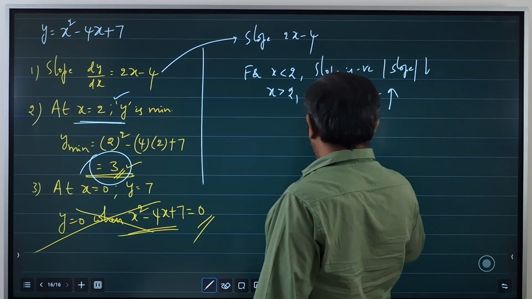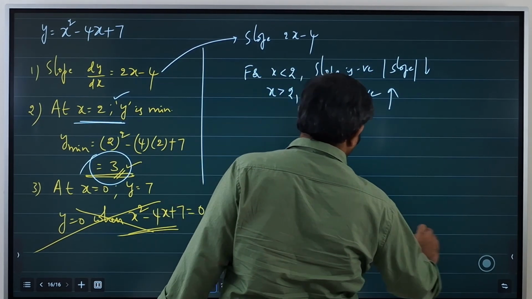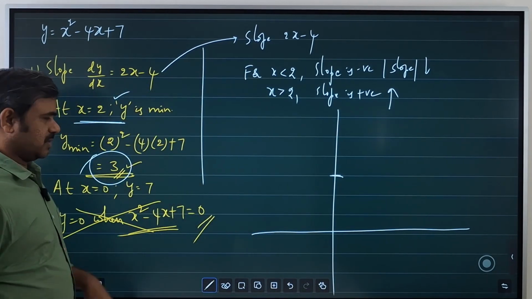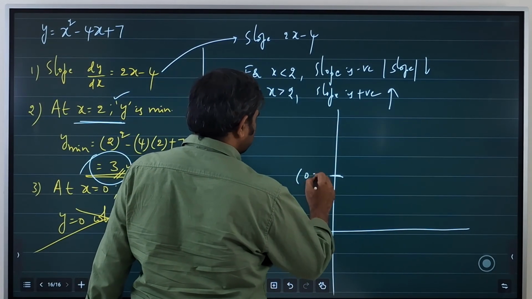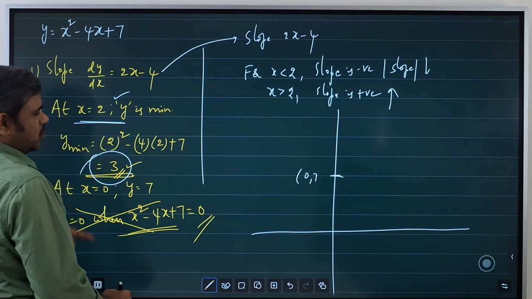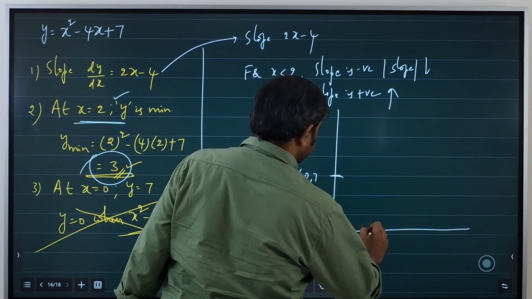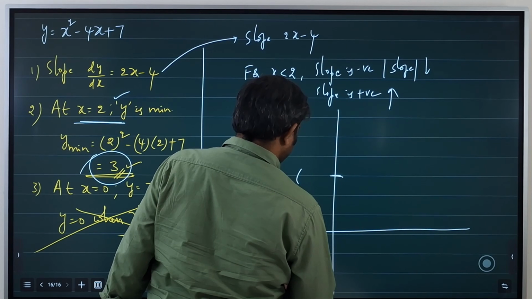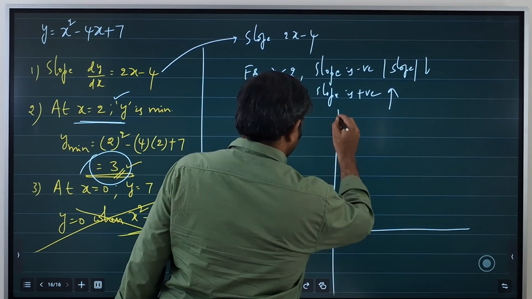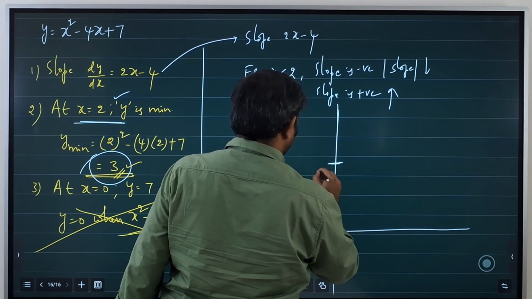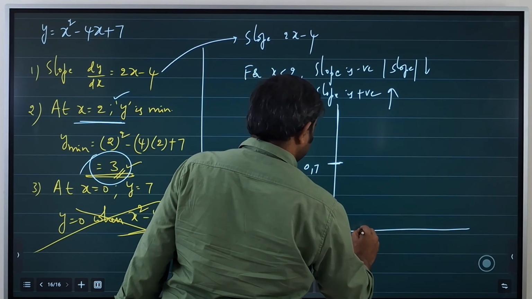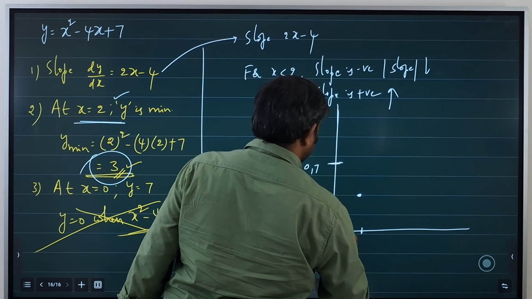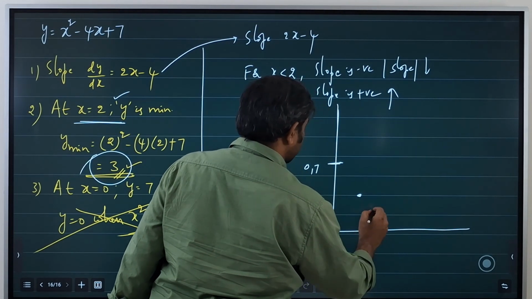Now let's draw the graph. At x is equal to 0, y is equal to 7. So this point is 0, 7. At x is equal to 2, y is equal to 3. Let's say this is the 2, 3 point.